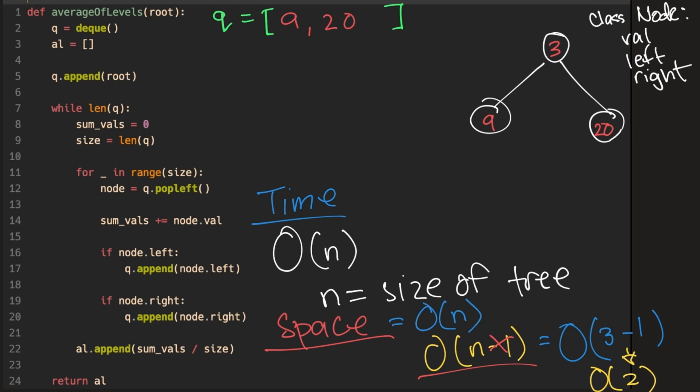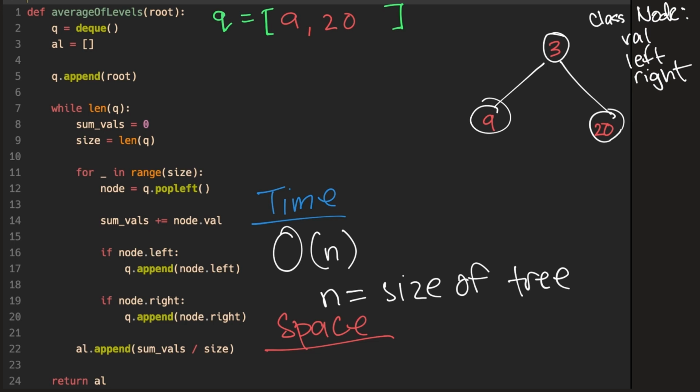And for our space complexity, let's also consider one more example. So we can go ahead and erase this. And let's assume for a second that we have a tree that looks like this. And we'll just throw some random values in here.